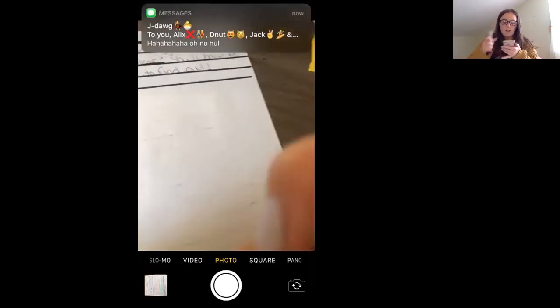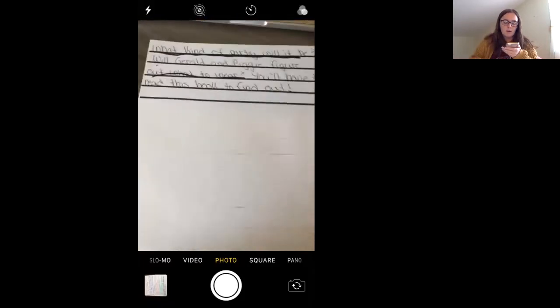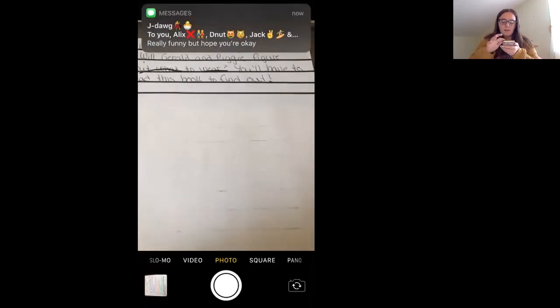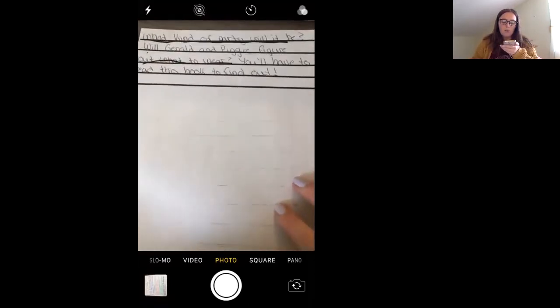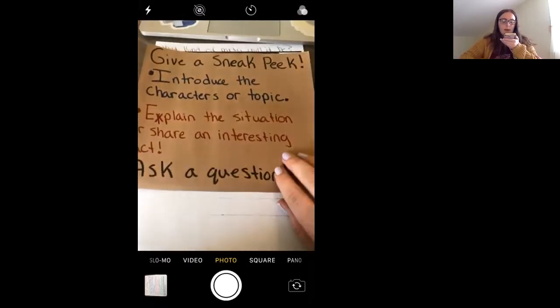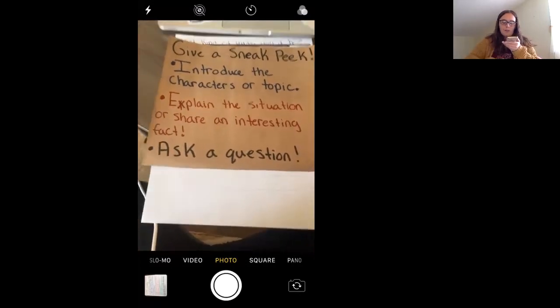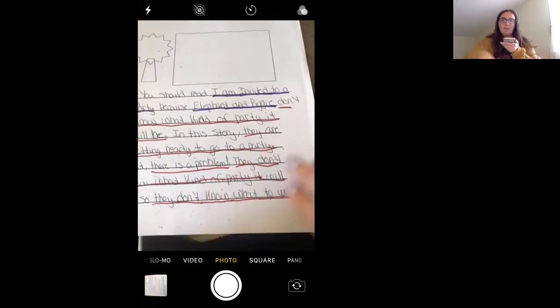So I didn't tell them that they found out about the party. No, I gave them a little insight about what was going to happen. So going back to our chart, I highlighted each way that it was in my writing.